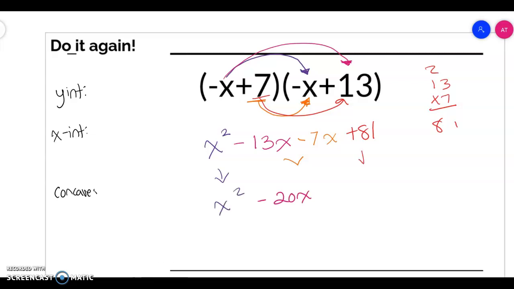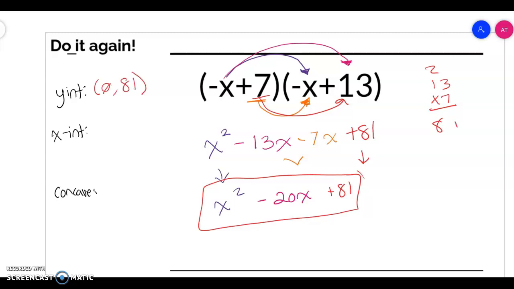And bring all my other terms down that I can't combine together to get my final standard form. So now I have my y-intercept, which is 0, 91, because remember it's the last term, not attached to an x. I know it's concave up because it's positive.